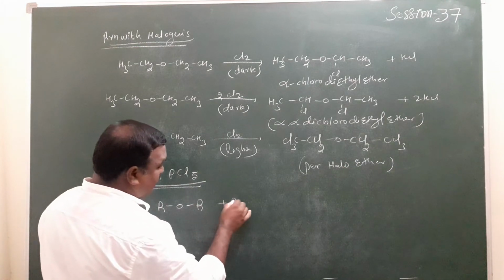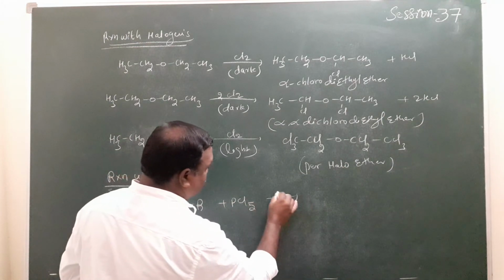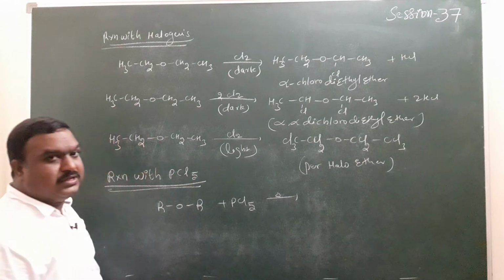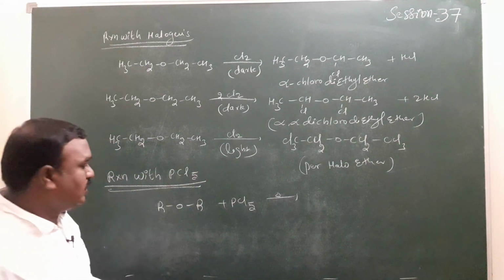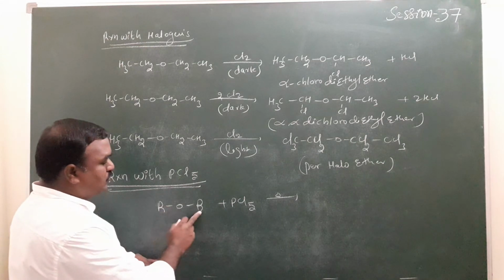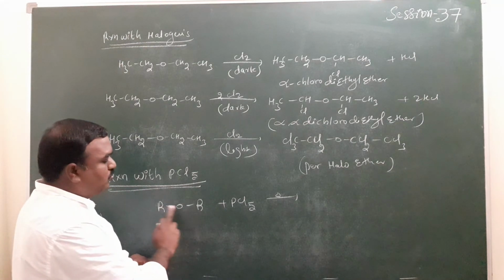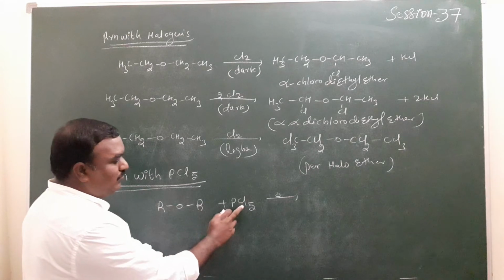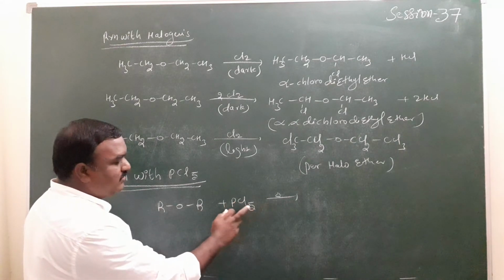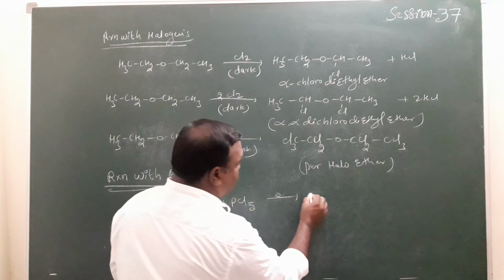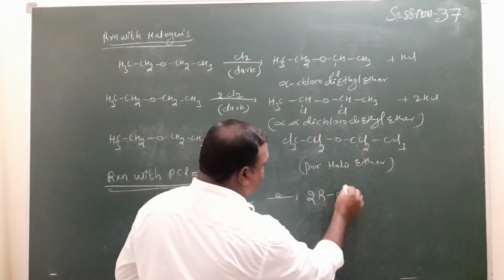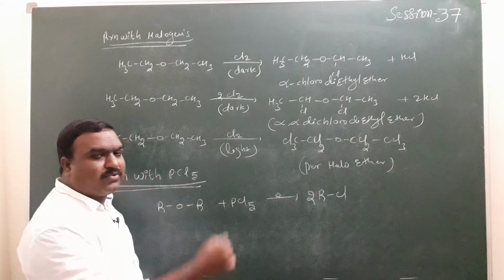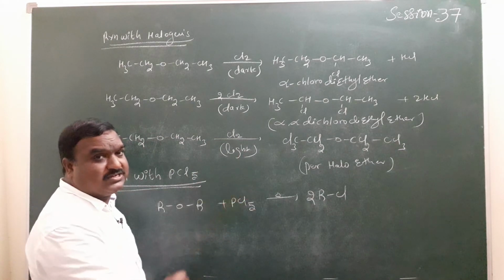The compound reacts with phosphorus pentachloride, then forms alkyl halide compounds. How many alkyl groups? 2 alkyl groups. 2 alkyl groups means how many chlorines do we require to get the alkyl halide? 2 chlorines. Then 2 R groups, and we require 2 chlorines. 2 moles of alkyl chloride are formed in this reaction.